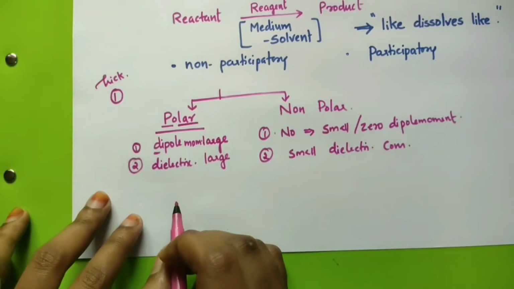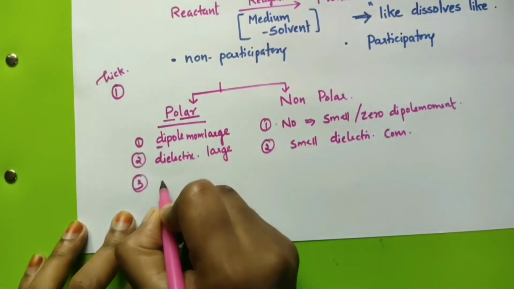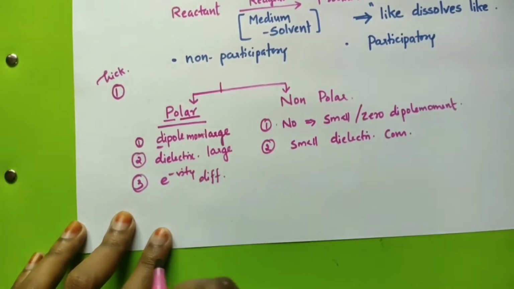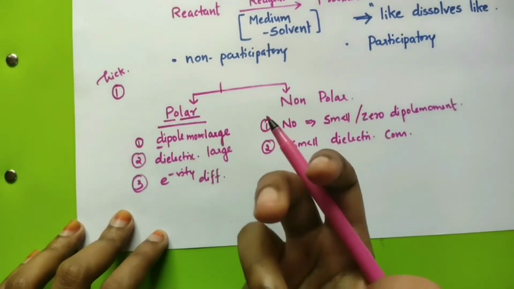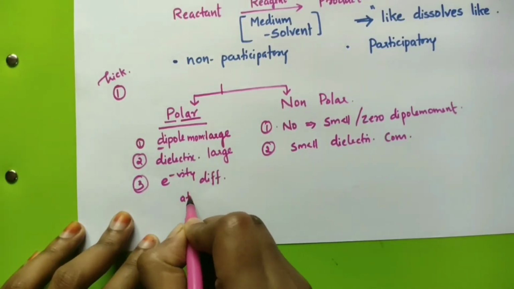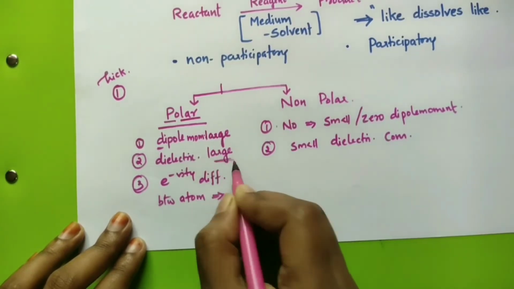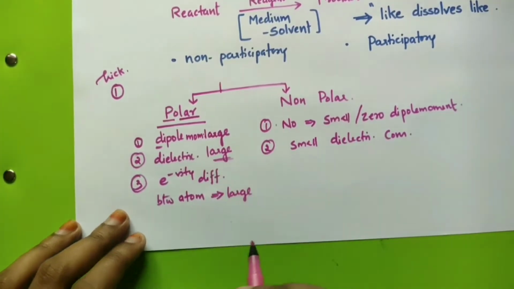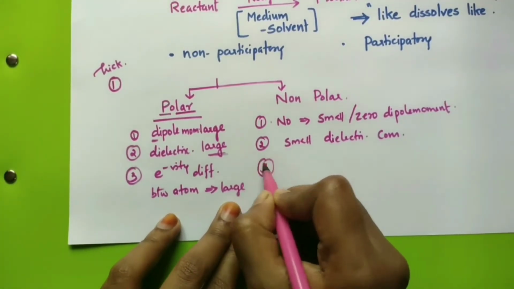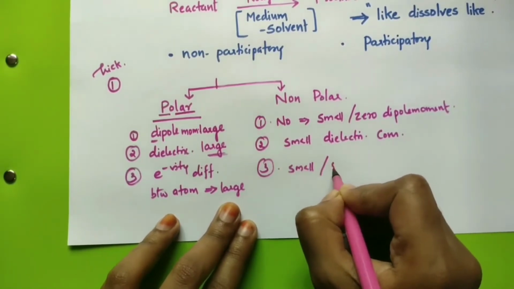The third point is the electronegativity difference. Molecules means atoms. The electronegativity difference between atoms is large in polar molecules, whereas in non-polar molecules it is small or similar.